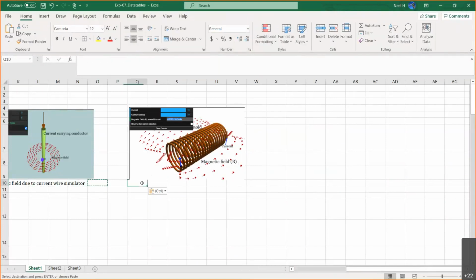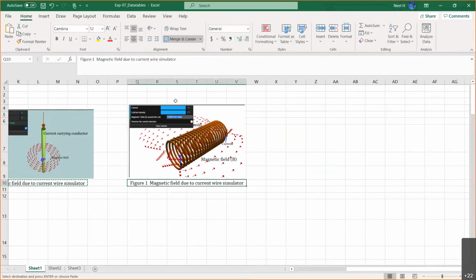Let's put that as figure number 2. We can say magnetic field of a solenoid. Solenoid simulator should be figure number 2.